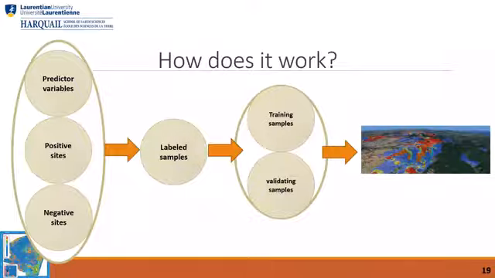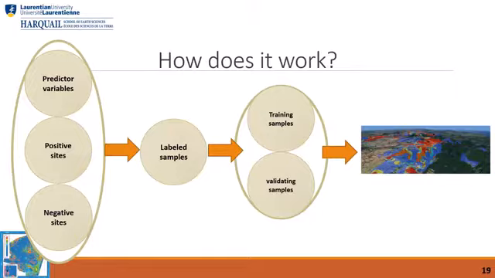And in short, this is how we develop mineral potential maps. In brownfield areas, we first start by using our data sets and our geological knowledge to define a number of predictor variables or evidence layers. Then we try to find some labeled samples.